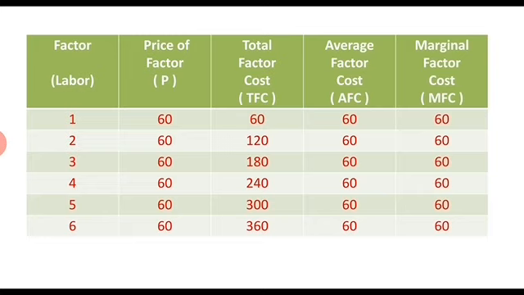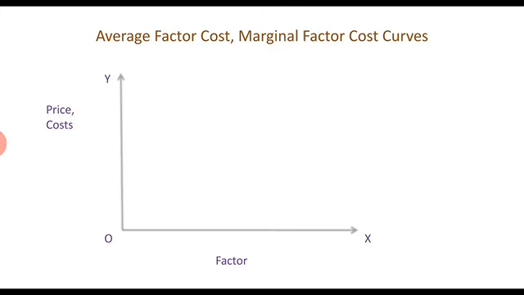Average factor cost AFC and MFC are the same. In this diagram we draw the factor cost curves. AFC and MFC are the average factor cost curve. There is no change in average factor cost, so it is also equal to marginal factor cost. So AFC is as well as MFC also.